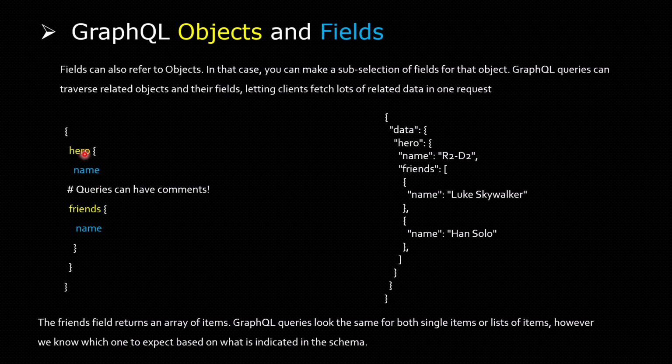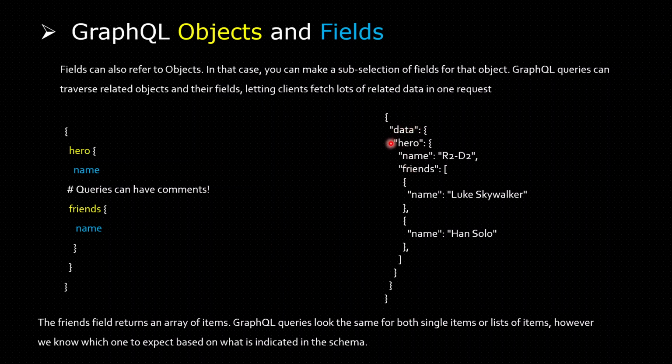So hero has a name, and also hero has a friend, and that friend also has a name. So what we want to do is give me the name of the hero, also give me the name of the hero's friend. So this is my query, and the query will go to the server, and this is my result.